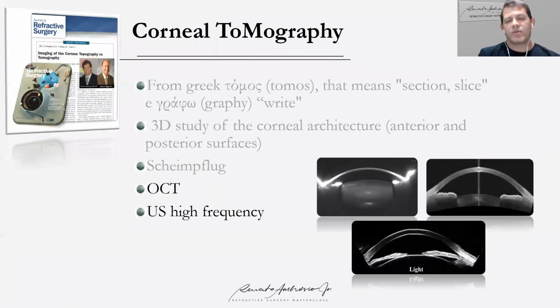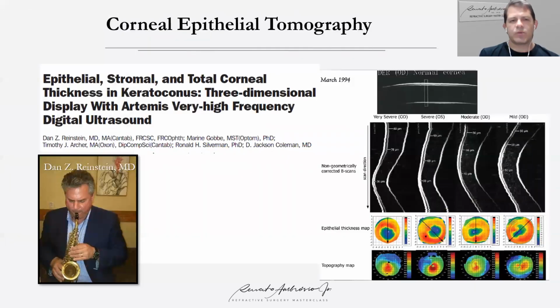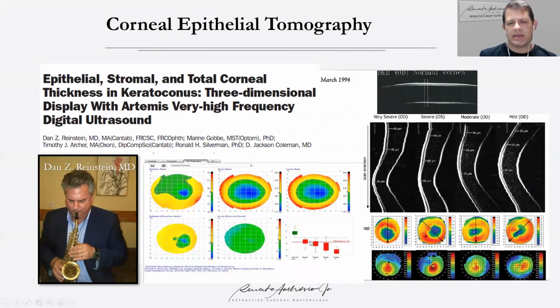More data can come from the epithelial thickness data, from high-frequency ultrasound, the great work pioneered by Dan Reinstein with epithelial thickness data. We have machine learning data that he published in the JRS that can be very useful. However, there's no external validation published in the literature so far.